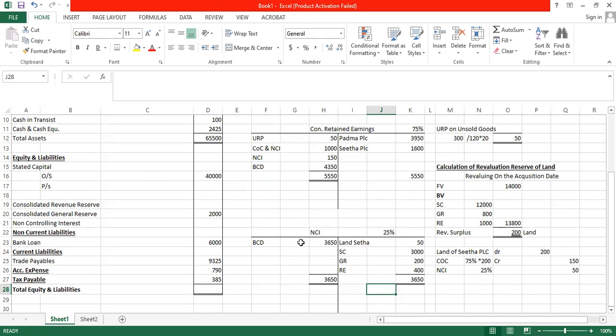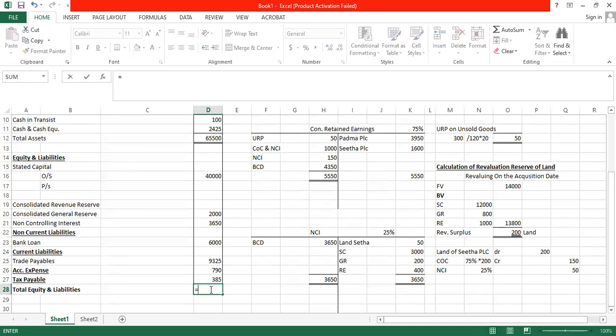Okay, so balance carried down is 3,650. Under equity and liabilities, before the non-current liabilities heading, you have to include this balance under non-controlling interest. It's equal to this 3,650.